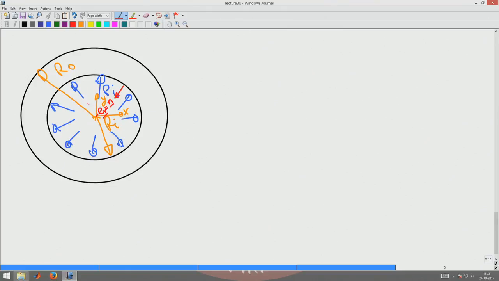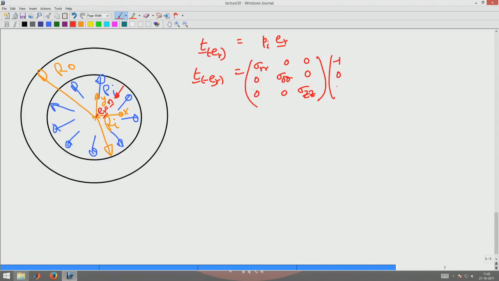So, this stress is the sigma rr stress, or I can more formally derive the boundary condition as T of (-e_r) is given by plus p_i e_r, right, because it is acting along the e_r direction. Now, T of (-e_r) is the matrix sigma rr 0 0, 0 sigma theta theta 0, 0 0 sigma zz, which was the state of stress that we got for this problem, times the vector (-1, 0, 0).